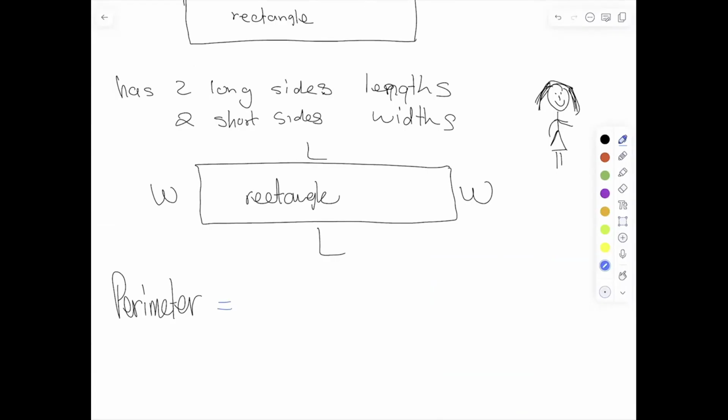Perimeter. How many lengths do I have? 2. Length plus length. How many widths do I have? 2.